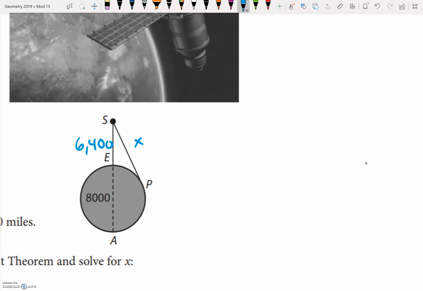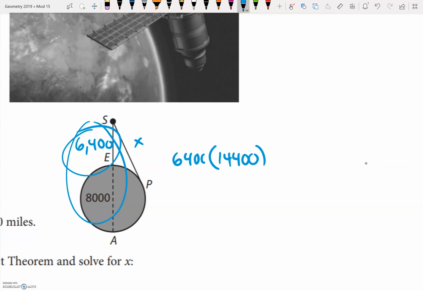Using our tangent-secant product theorem, we could say the entire thing times the outside. So our entire thing is 6,400 plus 8,000, which is 14,400, times the outside, which is 6,400, equals x squared.